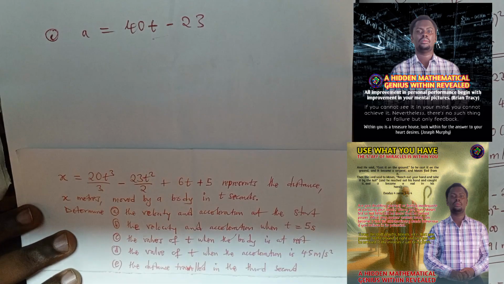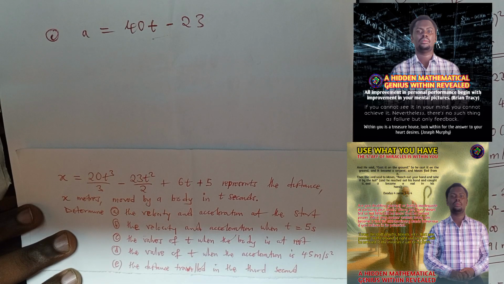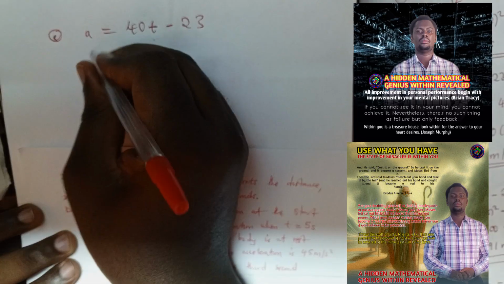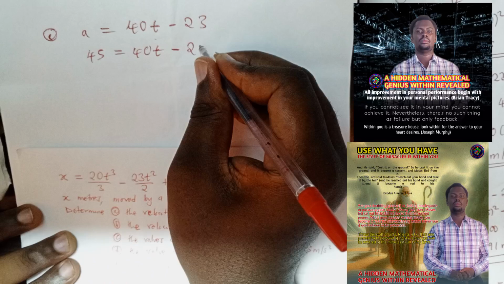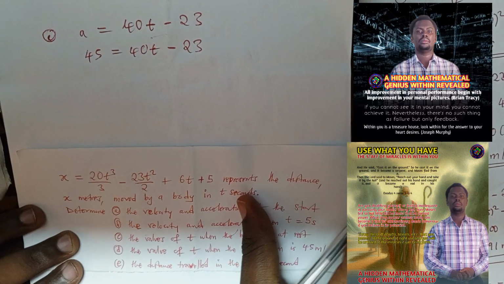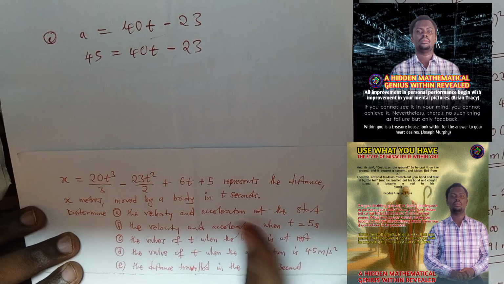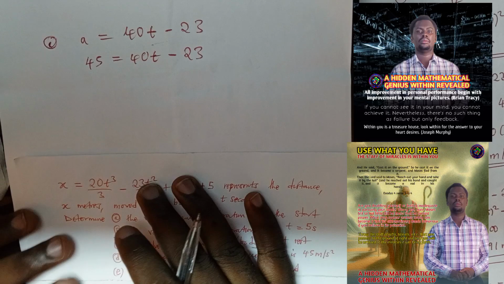Okay, so we want to find when the acceleration is 45 meters per second squared. So where there is a, we just put 45. So 45 is equal to 40t minus 23. Okay, so we are solving for t.